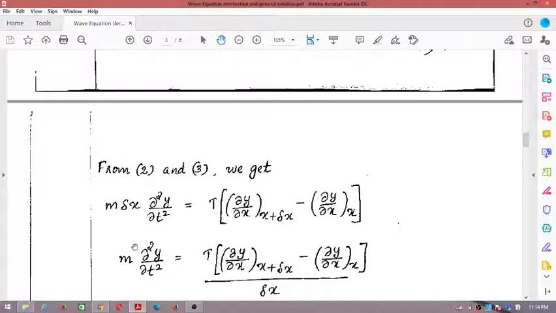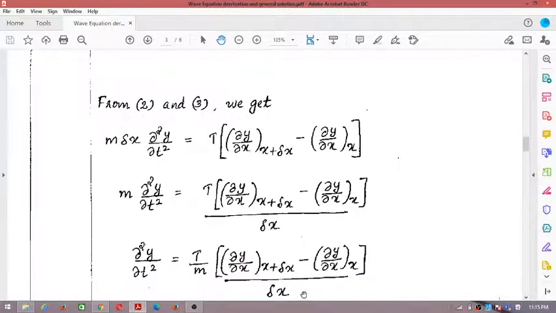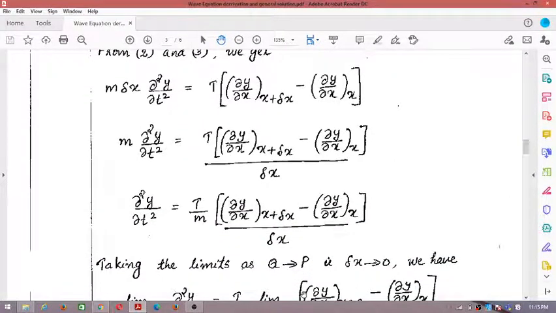We divide throughout by delta x, and we get m ∂²y/∂t² equal to T times [∂y/∂x at x plus delta x minus ∂y/∂x at x] divided by delta x. We again divide throughout by small m, and we get ∂²y/∂t² equal to T by m times [∂y/∂x at x plus delta x minus ∂y/∂x at x] divided by delta x.